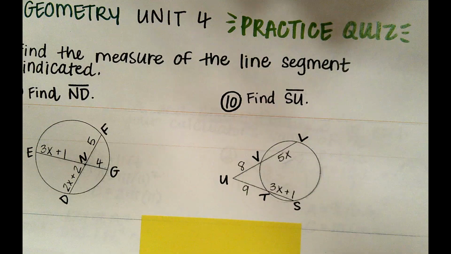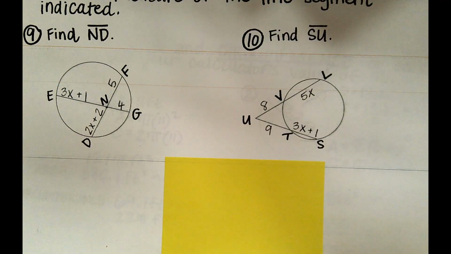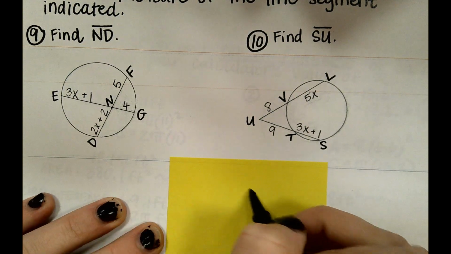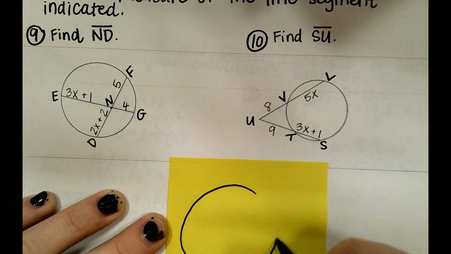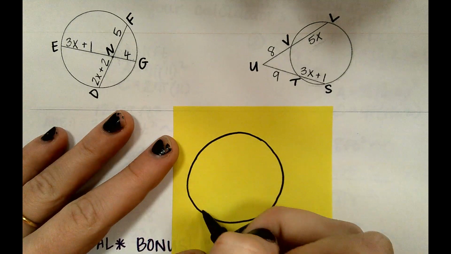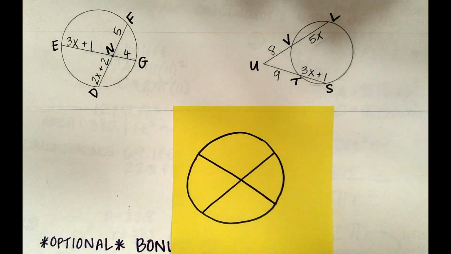So what I would do, if you don't want to have that paper, is make sure that if you're writing this formula on a sticky note, the hardest part about these problems is knowing what is A and B, what is C and D, because if you plug them in incorrectly, you will get an incorrect answer. So I'm just going to draw kind of a rough circle here and put like an X in the middle.